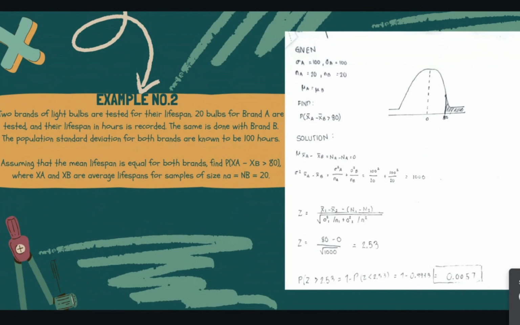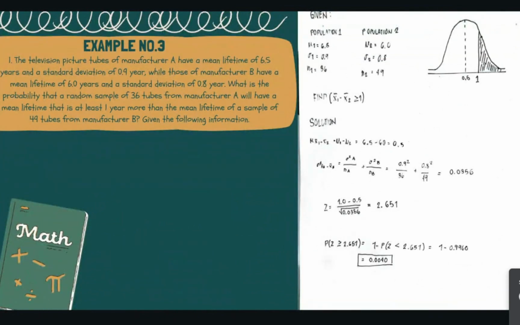Example number 3. The television picture tubes of manufacturer A have a mean lifetime of 6.5 years and standard deviation of 0.9 years, while those of manufacturer B have a mean lifespan of 6.0 years and standard deviation of 0.8 years.